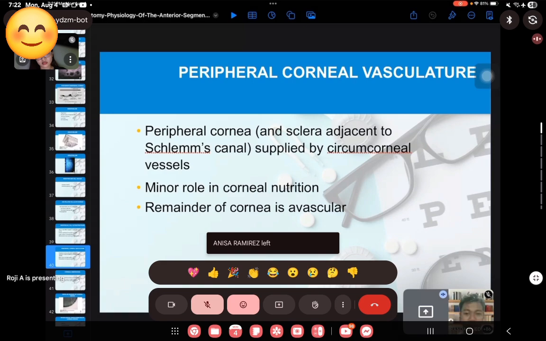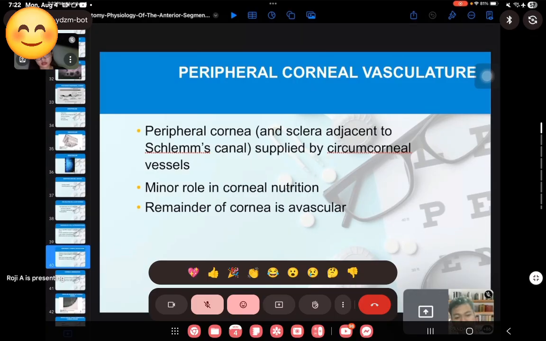And for it to be transparent, you don't need blood vessels present there. So how are you giving nourishment to your cornea? Should I call my son again? Randall.